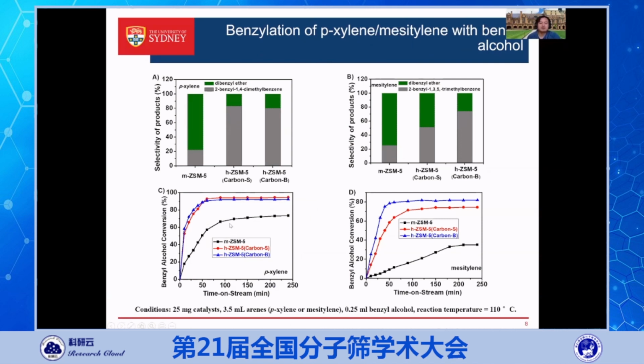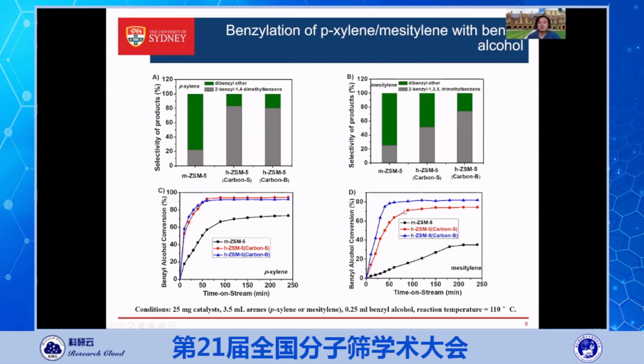So if we use this benzene reacted, coupling with xylene, we can find the microporous one is still very poor compared to the mesoporous zeolites, but there is no big difference because paraxylene is much smaller than the trimethyl benzene group.